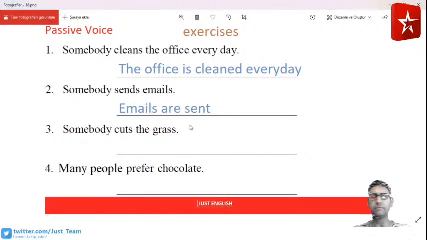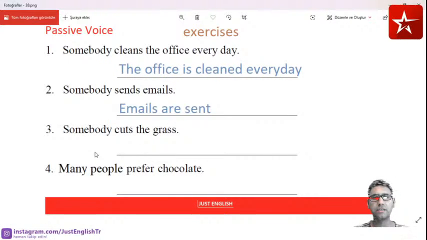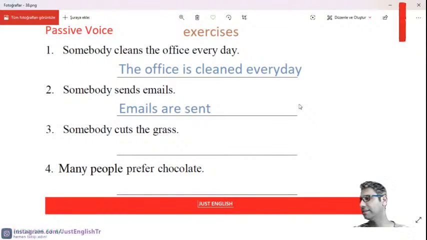So, alright, somebody cuts the grass. Somebody cuts the grass. So we are changing this sentence into passive, and how are we doing it? The grass is cut.